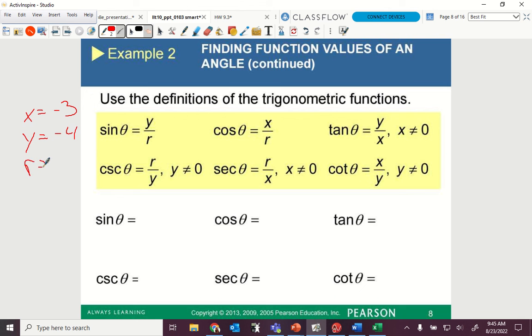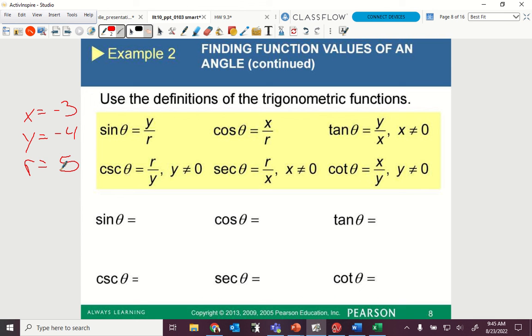And my r value is 5, good job. Now, here's the key. What do we know about the r value? It's always positive. So when I'm doing a fraction for this, my negative value has to go with the top number. It's never going to go with my r value. It always goes with my other value, not the r.